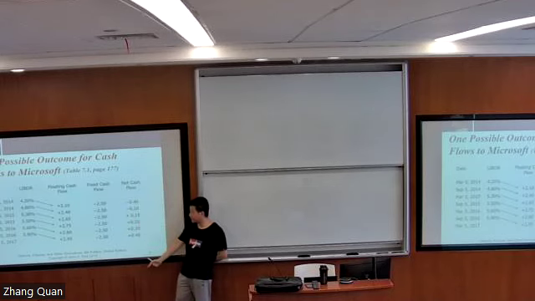But the counterparty has enjoyed some of the benefit, and later they know that, by expectation, they will suffer some loss. Or if you use valuation as your language, then at this time point, to Microsoft this swap contract has a positive value, but to the counterparty this swap contract has a negative value.